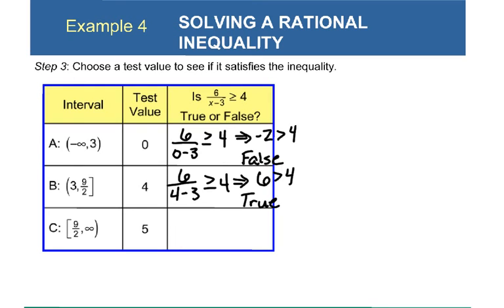So far, our solution to our inequality is this right here. Now let's see if this last one is part of our inequality at all by plugging in its test value. So let's see, 6 over 5 minus 3.